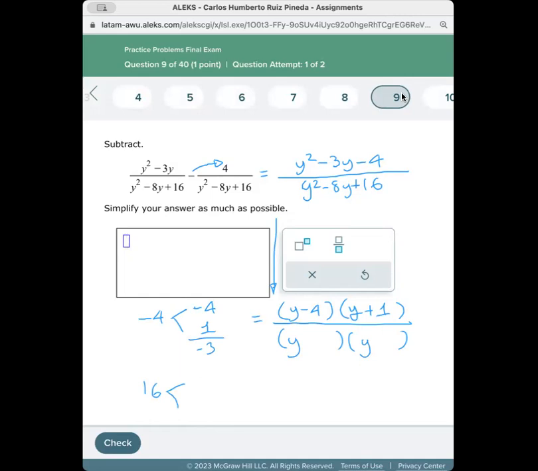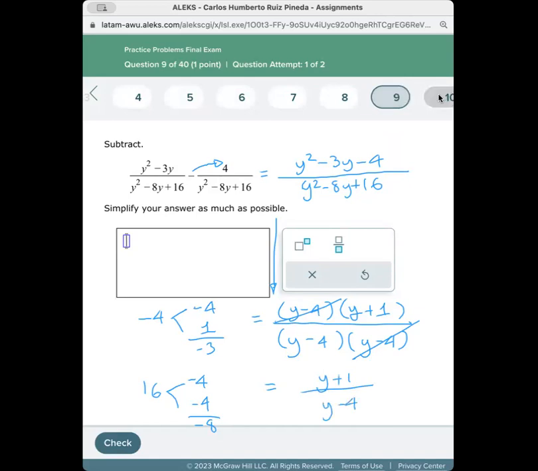So these numbers are 4 and 4, correct? But negative. -4, -4. So we can eliminate one factor, the y minus 4 factor, and we get y plus 1 divided by y minus 4. And we are super done.